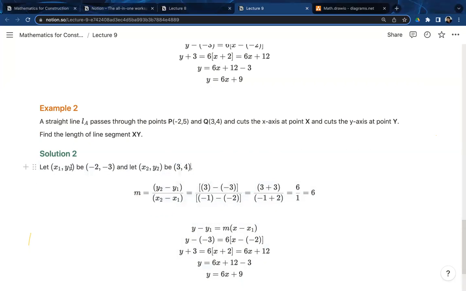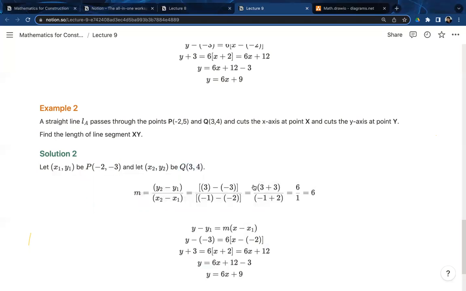So you let x1, y1 and x2, y2 be, I could say, P is my x1, y1, and here, Q.